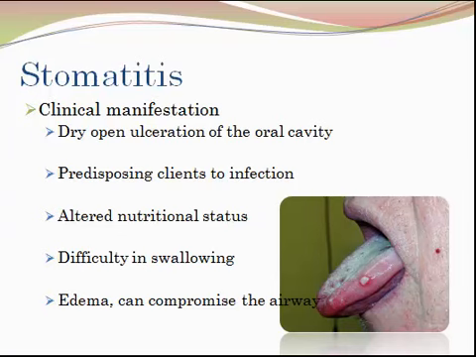The symptoms of stomatitis range in severity from a dry, painful mouth to open ulcers, which then predisposes the patient to infection. Of course, this can alter nutritional status because of difficulty with eating and or swallowing.